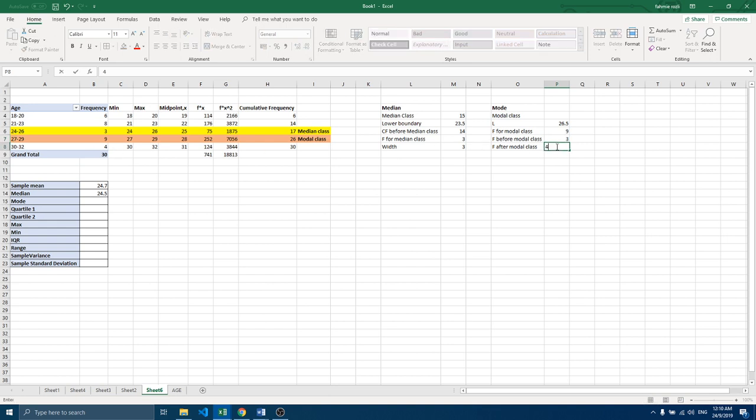Let's write 4. And then you have to find the frequency for model class, just write short form FM. So this is FM.